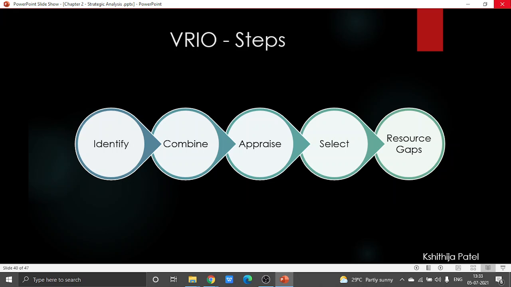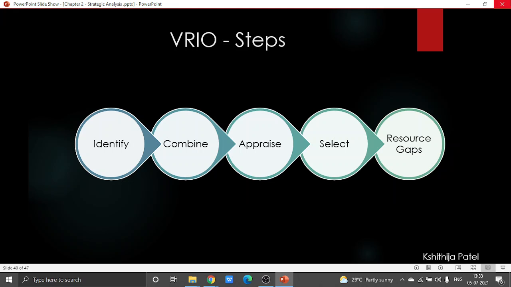The fourth step is to select a strategy, that is, the firm's resources and capabilities relative to external opportunities.